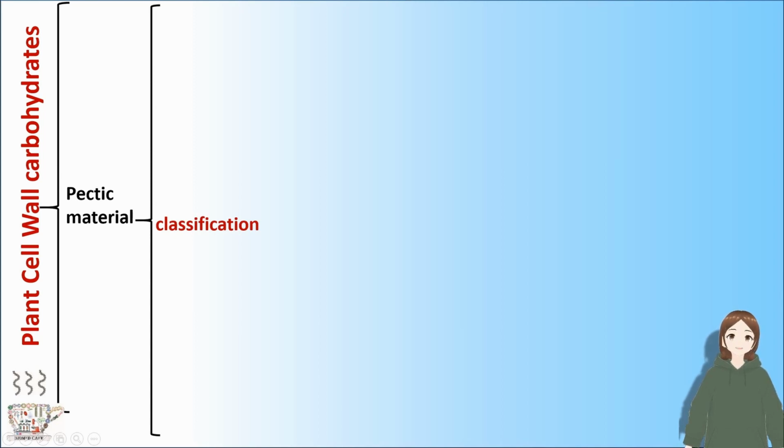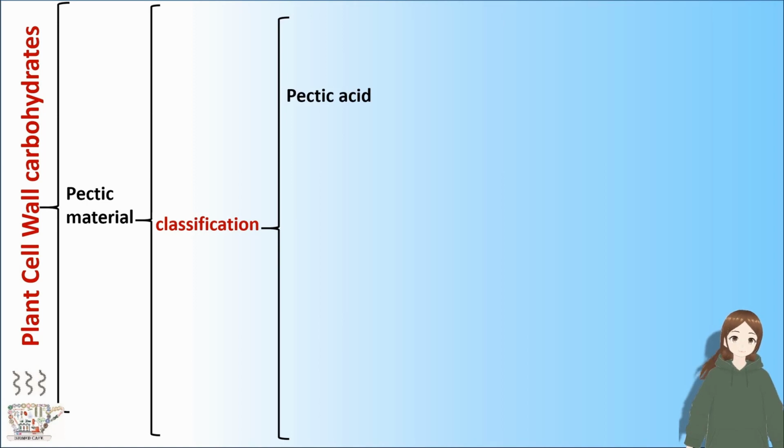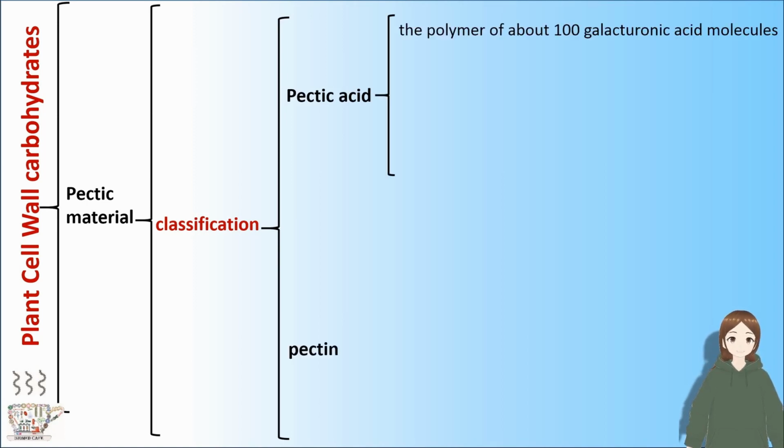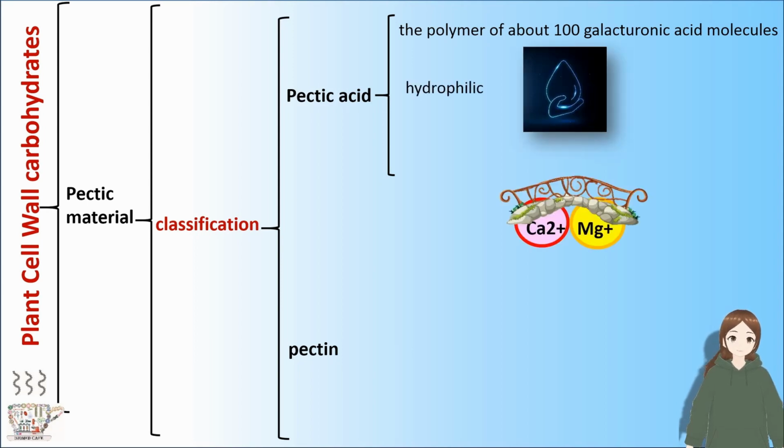Pectic material can be divided into 2 subgroups, pectic acid and pectin. Pectic acid is the polymer of about 100 galacturonic acid molecules. It's hydrophilic and it forms salt bridges with calcium and magnesium ions.